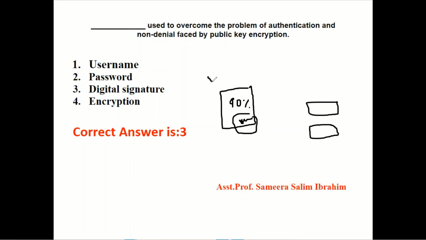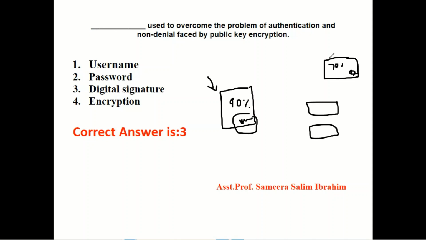Or you can take another example like a check, where I have filled in a 70,000 amount and signed it. I cannot deny that I have not given you the 70,000 check, because my signature is there. That is called non-denial. Another word for non-denial is repudiation, where you cannot deny that this was not done by you.